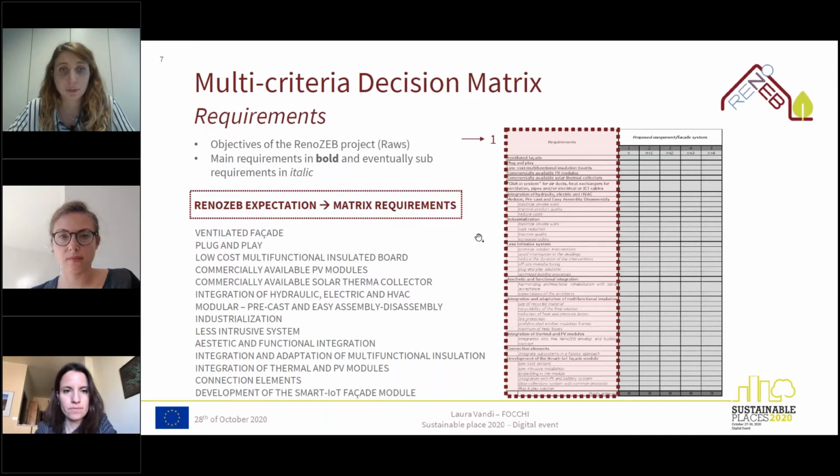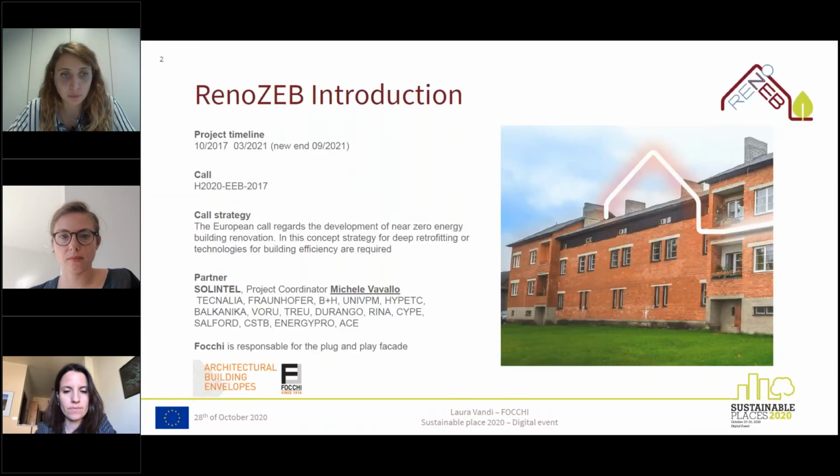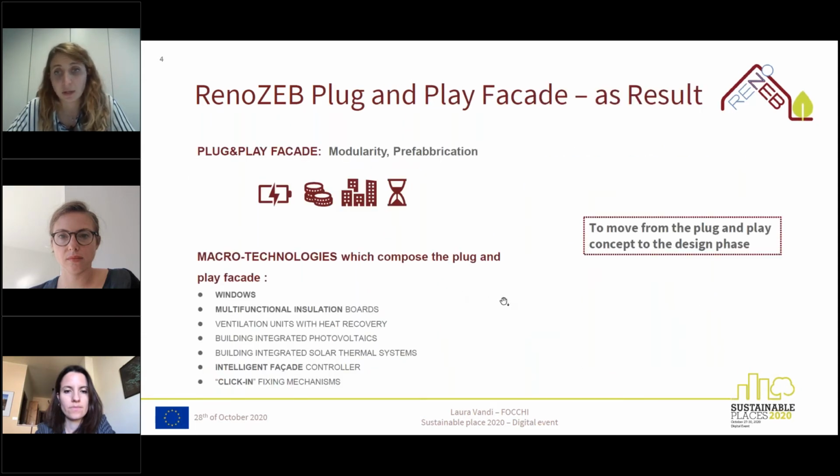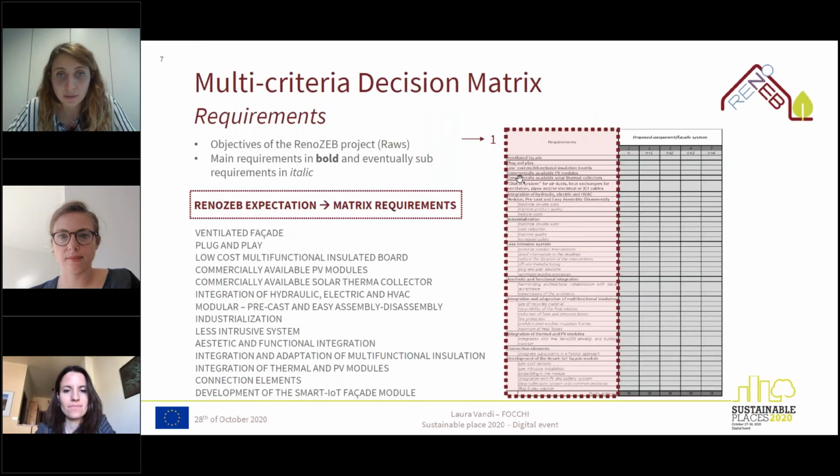Yes, of course. As I said, one of the pillars for renoZEB is the reduction of cost, because as you said, we deal with the stock building market, and in the requirements of the products, the third point is the low-cost multifunctional insulation board.